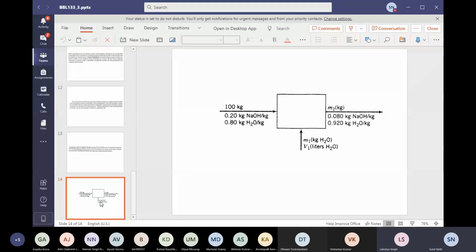Now do an overall balance, since total mass has to be conserved. So find the amount of water from the bottom stream, or M1, that you use. How much is that? Because your basis was 100 kg, it has to sum up to M1 plus M2.